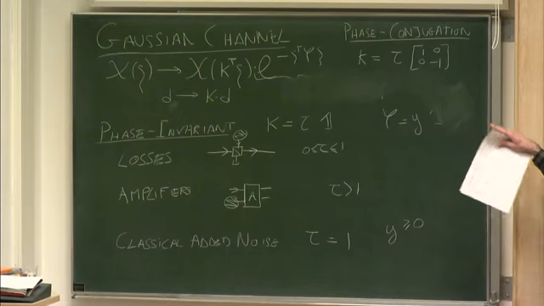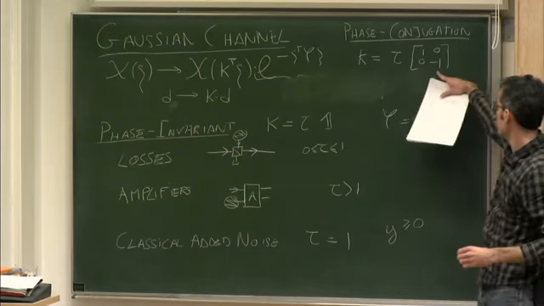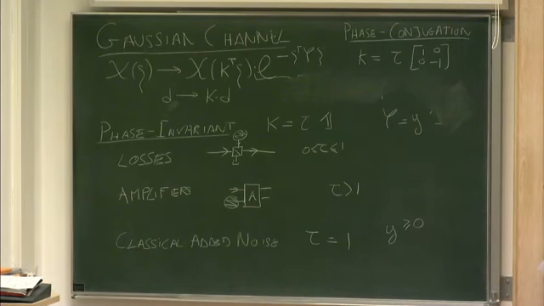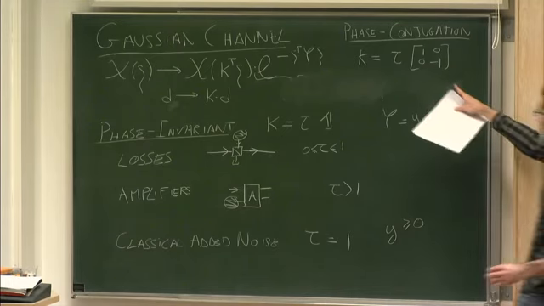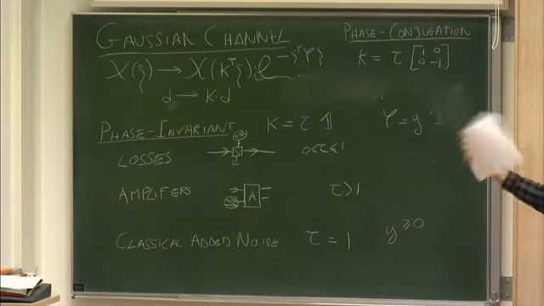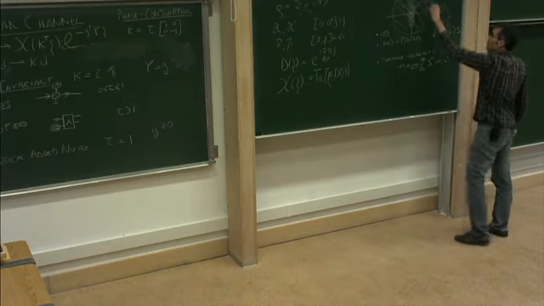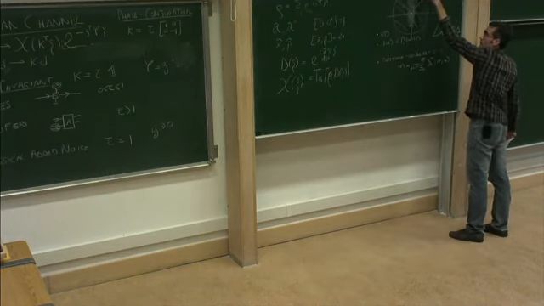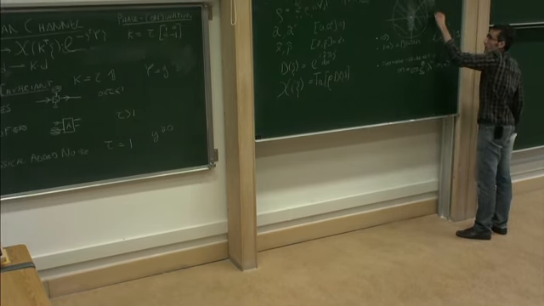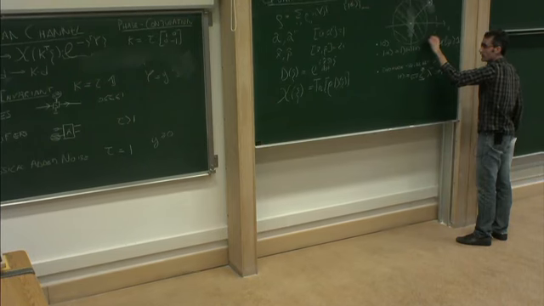Basically, this is the operation you do in a transposition. So, for example, when you want to do a partial transpose, this is what you do. You change the sign of the P quadrature on one of the two modes. So what this operation will do is take, for example, a coherent state and move it to this other side.